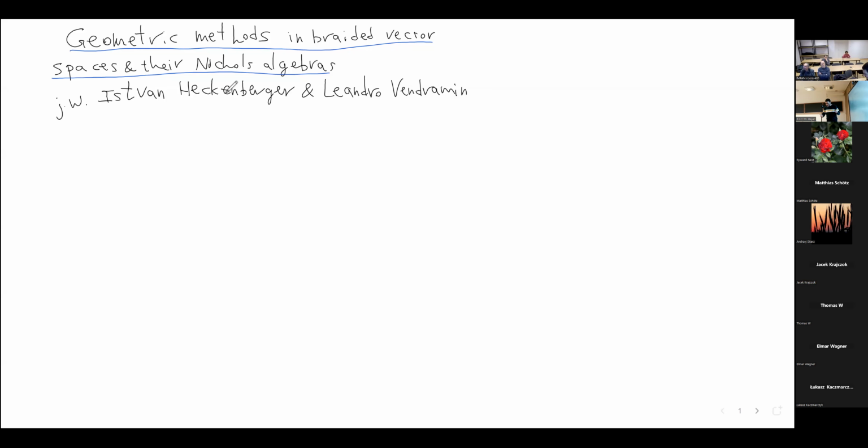So yes, this is a seminar in non-commutative geometry. I will tell you today about Nichols algebras and about how you can get Hopf algebras out of them. So maybe the starting point I would like to tell about will be something about Hopf algebras.